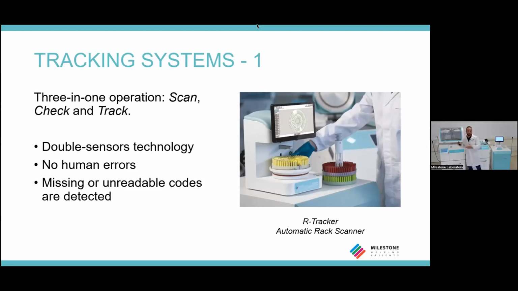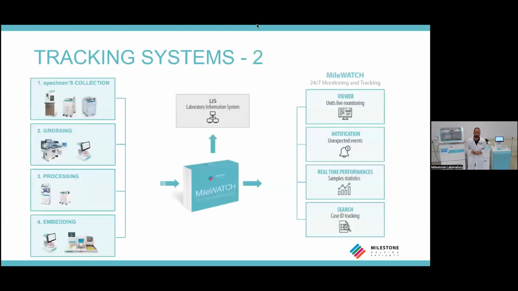After that, we will come back to the Art Tracker and start the comparison in order to check if there is any loss of cassettes. So there's a 2 level of control. Also, documentation is sent to Milewatch, that is our tracking system, tracking software that I'm going to show you now.